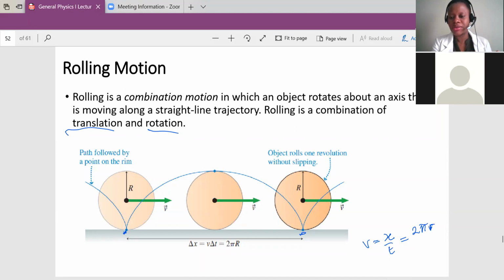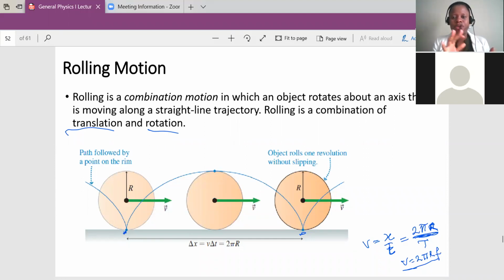In this case, we used big R because we define our distance as big R. And the time, which is the time taken to complete one revolution, which is actually the period. And that was how we got v equal to 2 pi R f. So we see that this relationship also applies here.